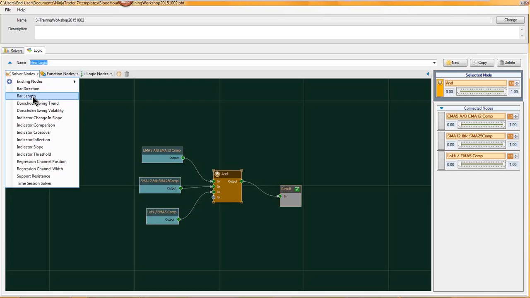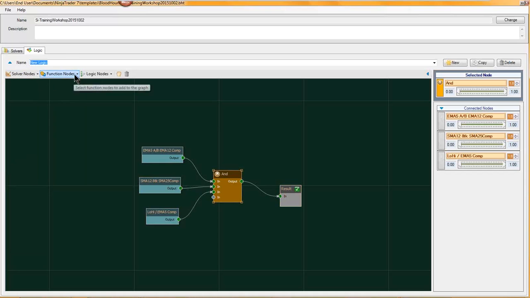Other common solvers, this comparison solver, which I've been using a lot, just compares one indicator plot to another indicator plot, and it tells you, is indicator A above or below indicator B, right? All these solvers are doing very specific tasks, with very specific calculations.